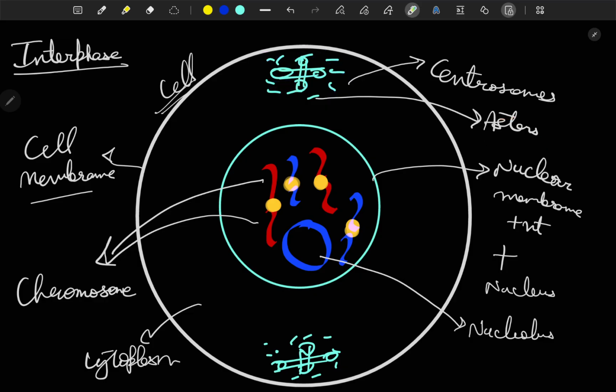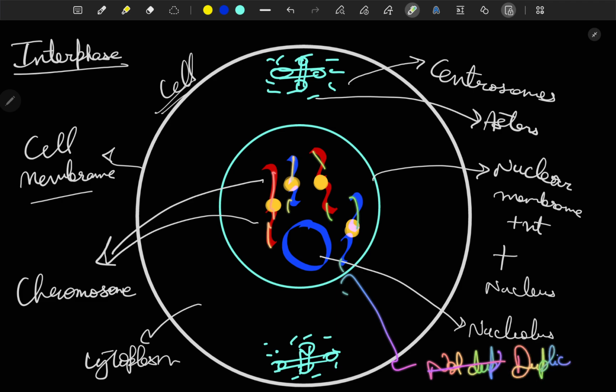Then also the nuclear envelope is present there with the nucleolus and nucleus inside it, and chromosomes are there. They are duplicated, but not divided.